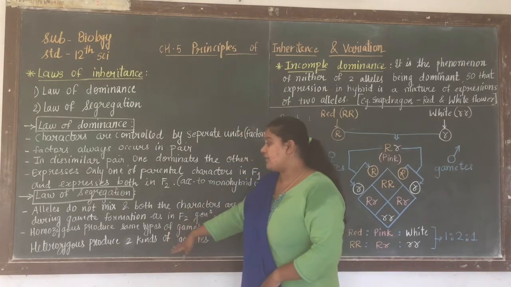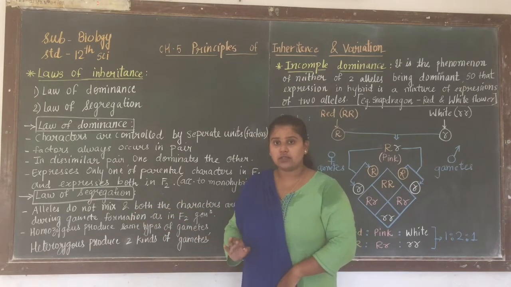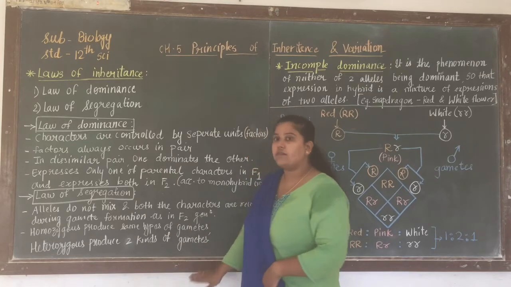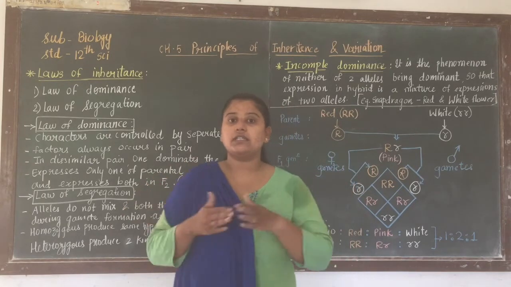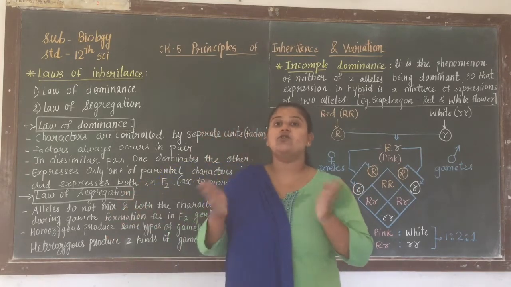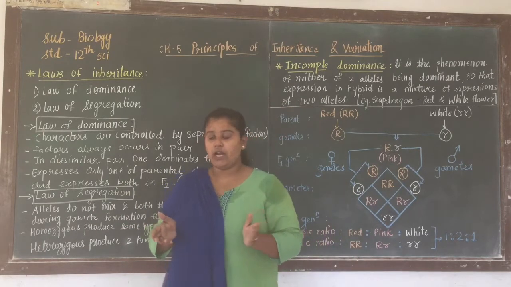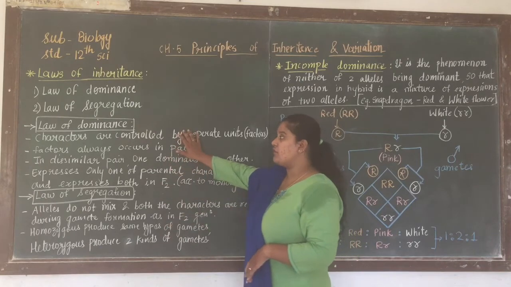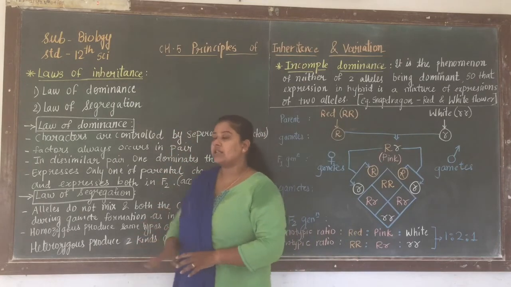But if they are different, they are said to be heterozygous. When there is heterozygous, they produce two kinds of gametes. That means the two alleles are going to get separated, and for this reason the two gametes will be different in nature. So these are the two laws of inheritance: the first is the law of dominance and the second is the law of segregation.